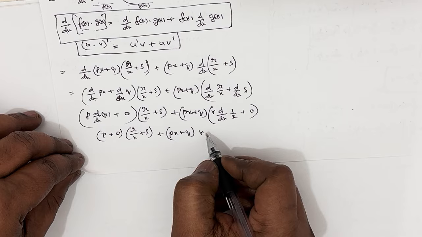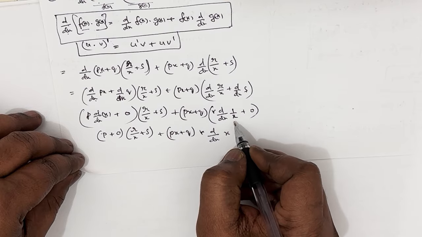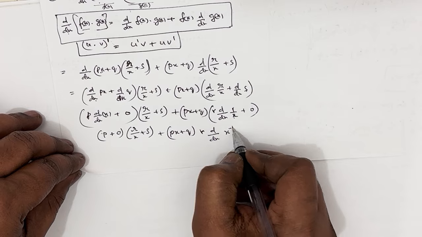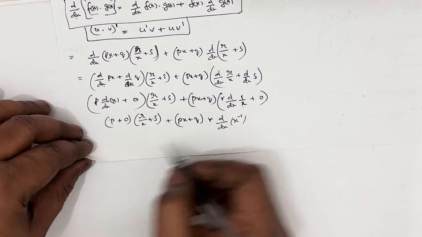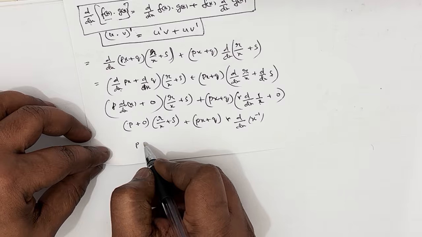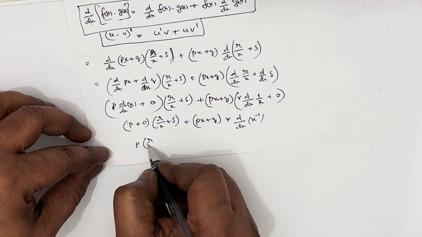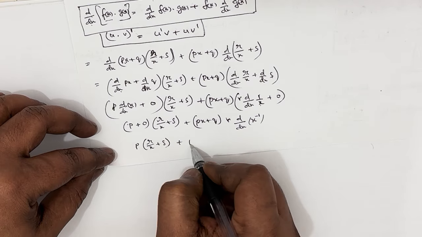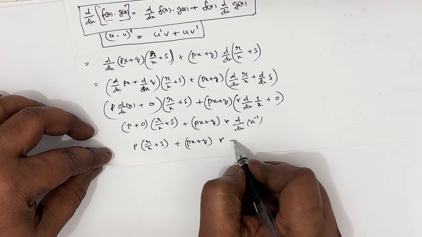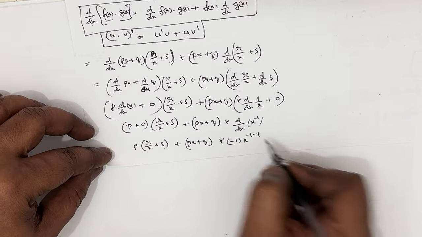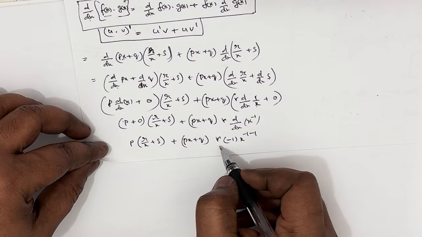Now d by dx of 1 upon x can be written as d by dx of x raised to minus 1, since taking x to the numerator it becomes x raised to minus 1. Now this is in the form x raised to n, so the power rule formula applies here. This becomes p into r by x plus s, plus px plus q times r times minus 1 times x raised to minus 1 minus 1.